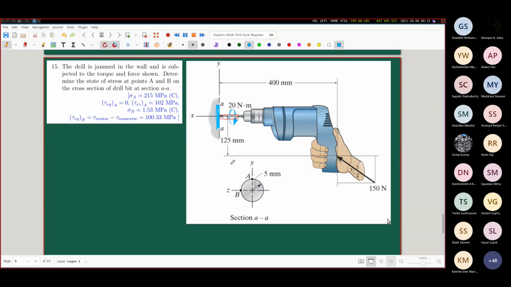Vertical force due to the wall, and that vertical force due to the wall is being induced due to which force? 150 Newtons, the vertical component. The 150 Newton vertical component of that. Okay. Anything else? Sir, if there is friction, we will have force, but is there friction?